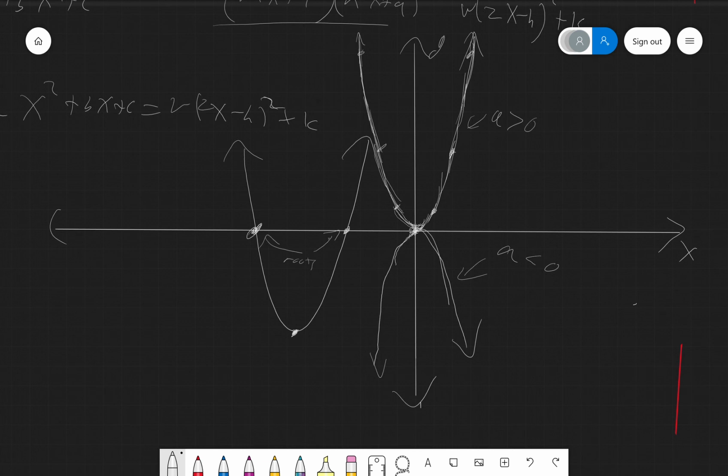With a downward opening parabola, we're looking for the maximum point. So say we had our parabola, not as good, but good enough. Again, roots, and then this is the vertex.